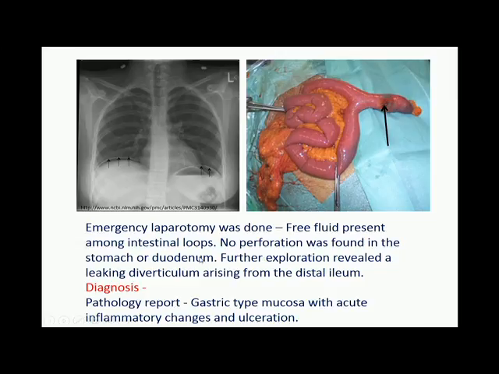Further exploration revealed a leak in a diverticulum arising from the distal ileum. So this is what they found: in the ileum region, a leaking ulcer or diverticulum. So what is the diagnosis? You studied this in your first semester.